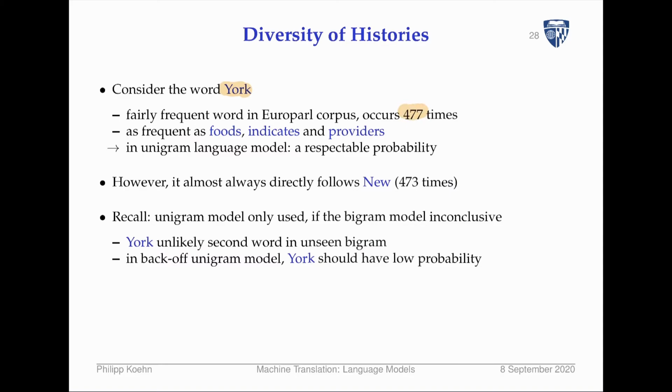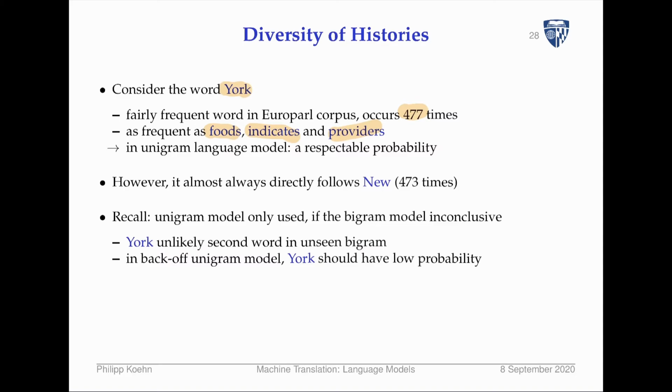It's as frequent as other words like foods and indicates and providers. It's a common enough word. So in a unigram language model, it gets a respectable probability, basically 447 divided by total corpus size. It's not the most frequent word, but it's not a completely crazy word.